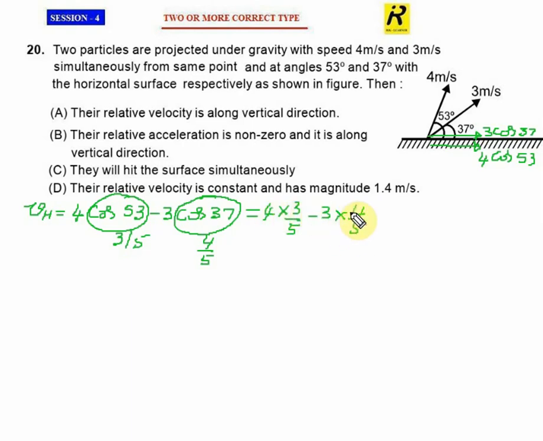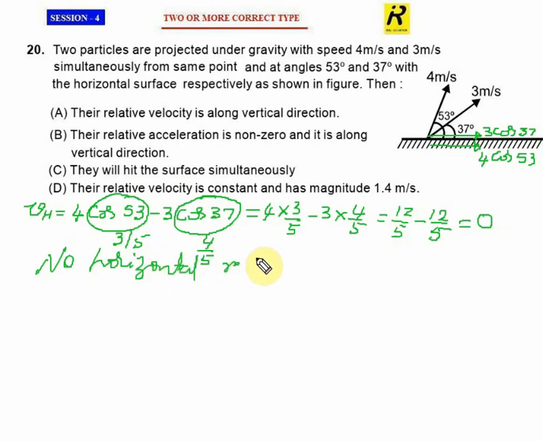So 4 into 3, 12 divided by 5, minus 3 into 4, again 12 divided by 5. So the final answer will be 0. That means there will be no horizontal relative velocity.